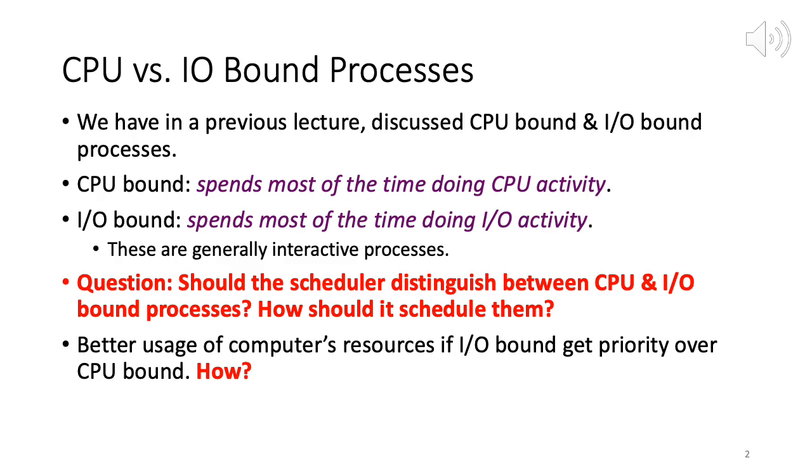As a result of this, the average wait time, which is a good metric to measure the success of a scheduling algorithm, will increase. Consider the scenario in which you have one CPU bound and 10 IO bound. If you schedule the CPU bound first, then those 10 processes have to wait for a long time.